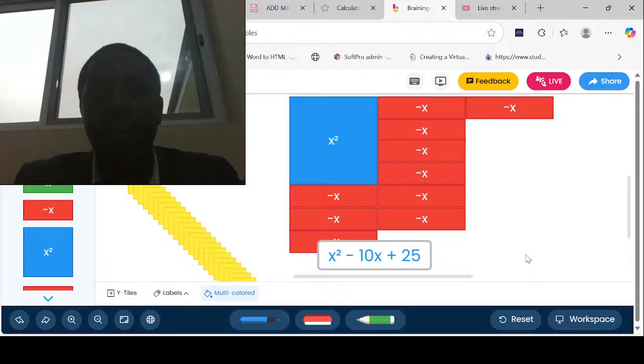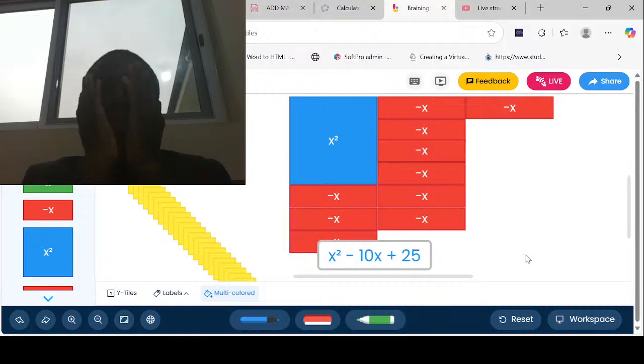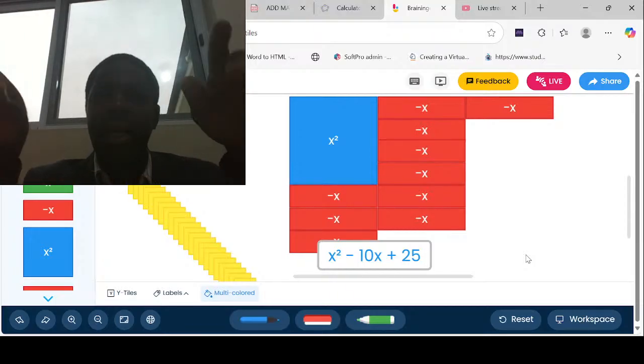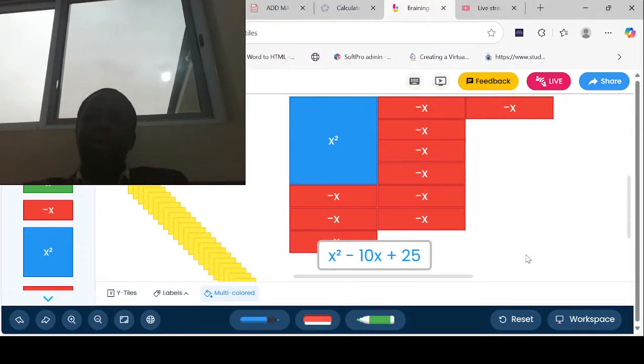So let's see what we're going to do. We have to fill up the space. So I have x. The idea is that x times x gives us x squared. This one is 1.